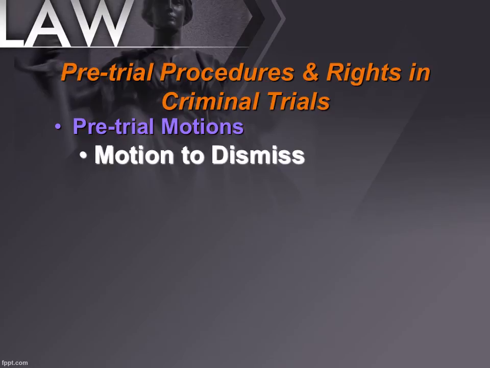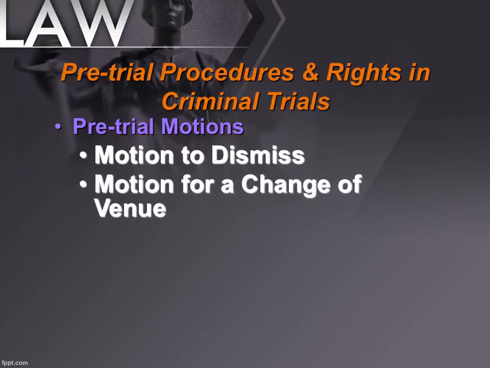This is very strong. This is your nuclear option, because if approved by the judge, this ends the potential criminal trial against you. It ends everything. The motion to dismiss. Failure to state a claim upon which relief can be granted. In other words, you got the wrong person, you got the wrong law, there was no criminal violation, however you want to put it. Okay?